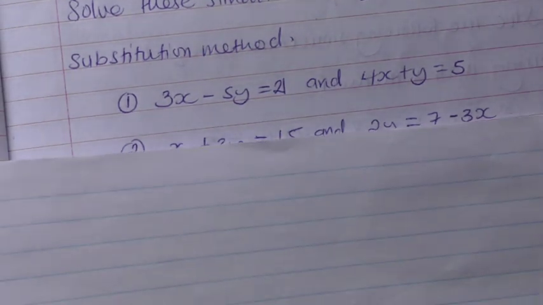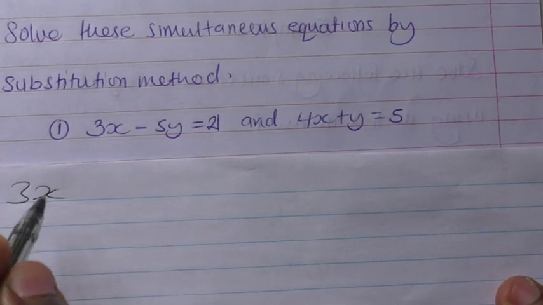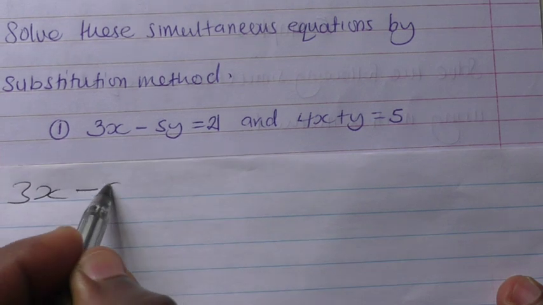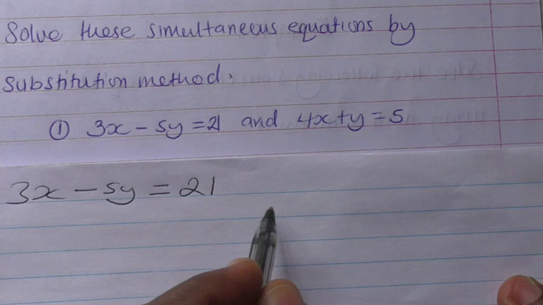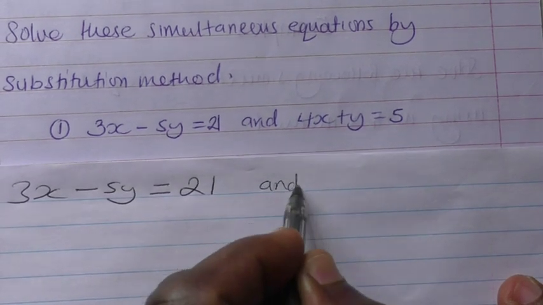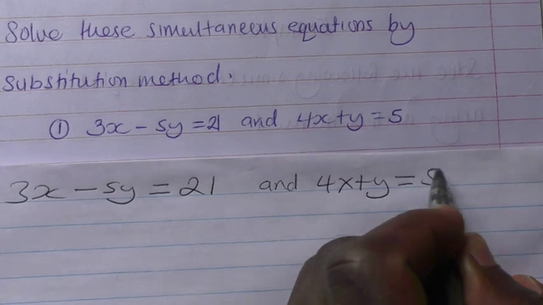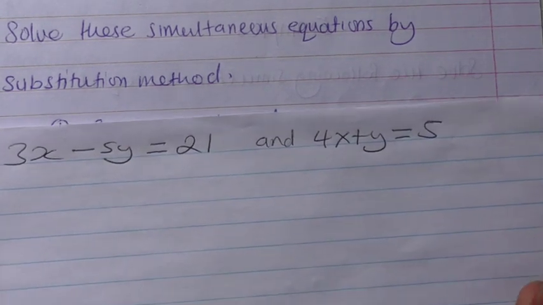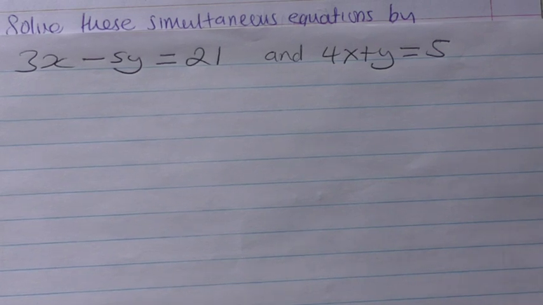Number one says 3x minus 5y equals 21, and 4x plus y equals 5. So these are the equations that I have to solve by substitution.